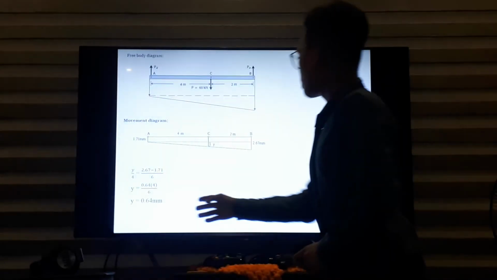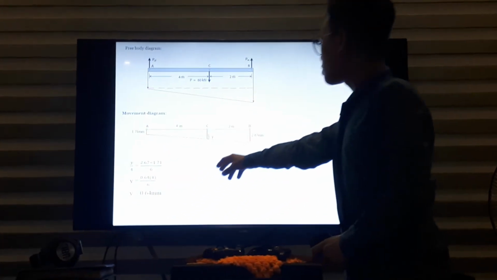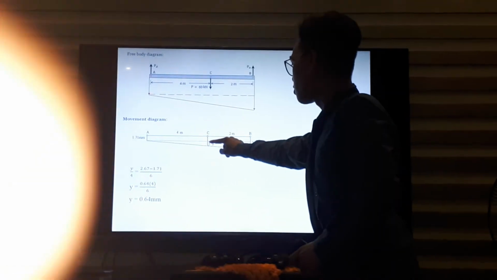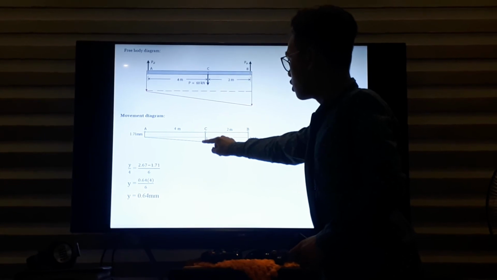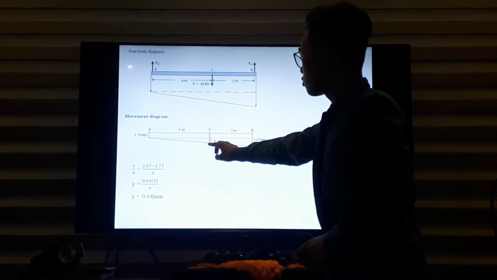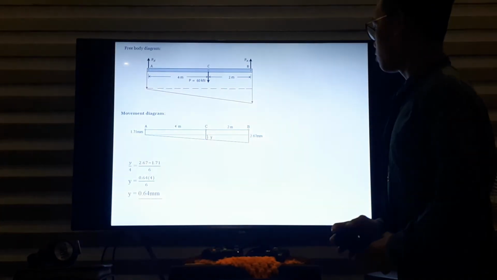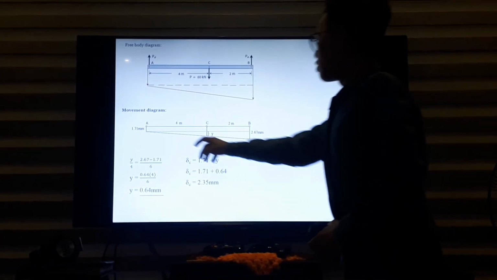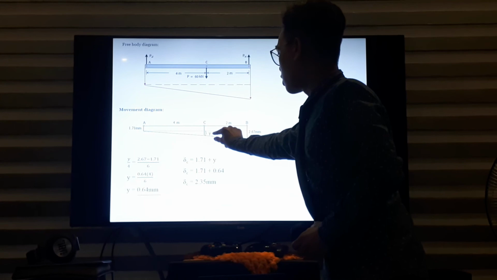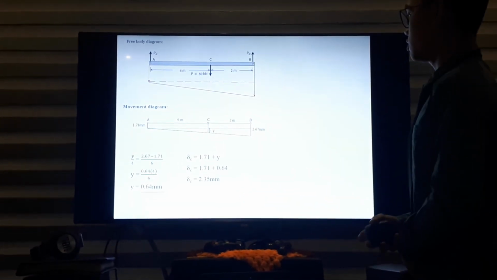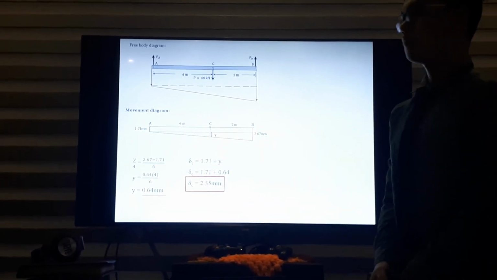But that is just the distance traveled from this point to the new outlook of the bar. So to get the total vertical movement, we should just add the 1.71 mm plus our y, which would lead us to a deformation of 2.35 millimeters.